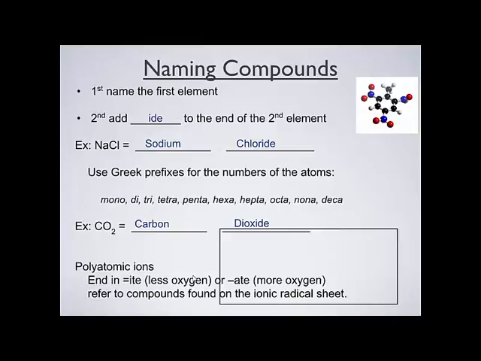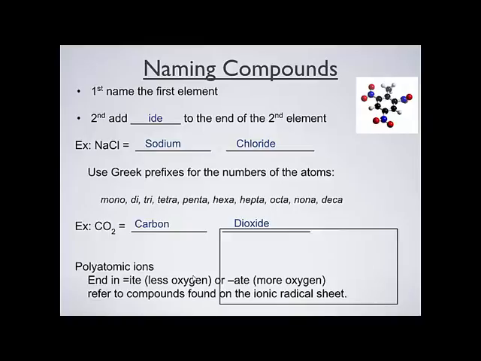Okay. Now, there are also some special groups of atoms that sort of behave like one element, and they're called radicals or polyatomic ions.